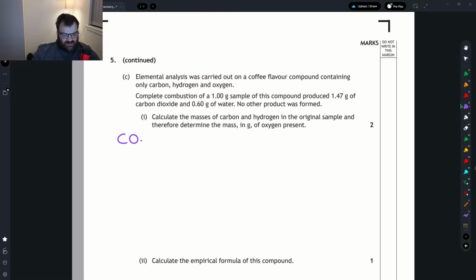So carbon dioxide, and we're going to work out the number of moles. So it's going to be 1.47 divided by, well, carbon dioxide is 44, and n equals 0.0334 moles.